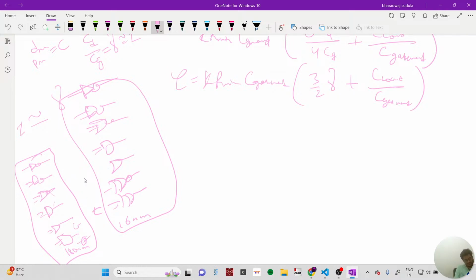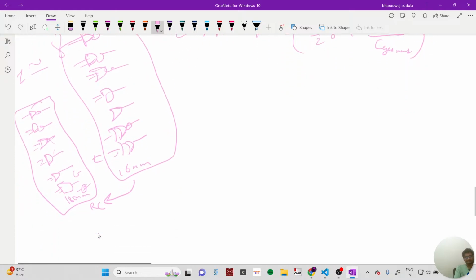I need to do it again for the new technology. I have to extract R, I have to extract C. But I need to do each and every gate, right? I have to calculate the entire standard cell library again if I switch to another technology.